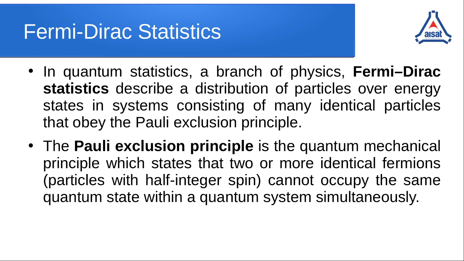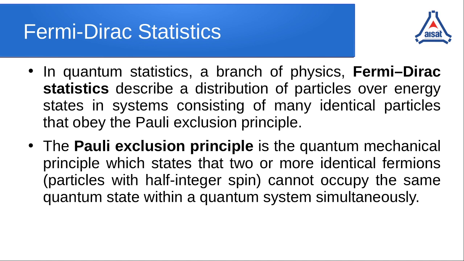So in quantum statistics, which is a branch of physics, there is a statistics by the name Fermi-Dirac Statistics, which describes a distribution of particles over various available energy states in a system consisting of many identical particles that obey Pauli's exclusion principle.